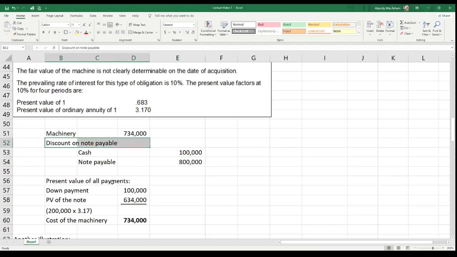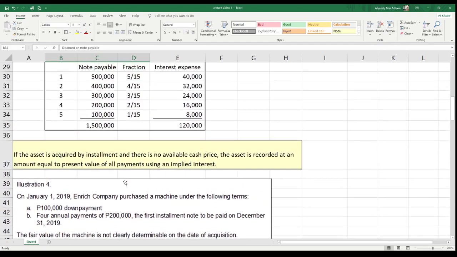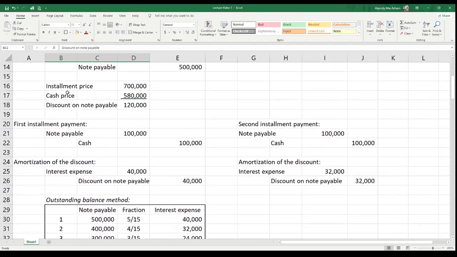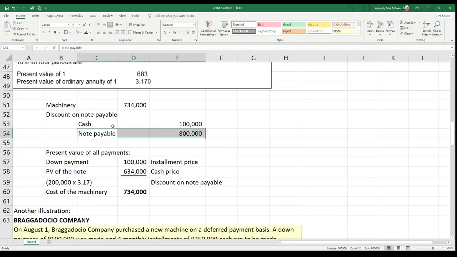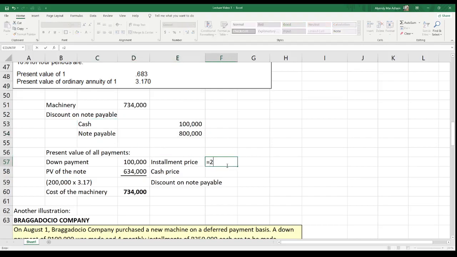Now, how much is our discount on note payable? Remember earlier, to get the discount on note payable, that is the installment price minus the cash price. The installment price is the total of the two, same thing as before: 800,000 plus 100,000, that is 900,000 pesos. So how much is the cash price now?